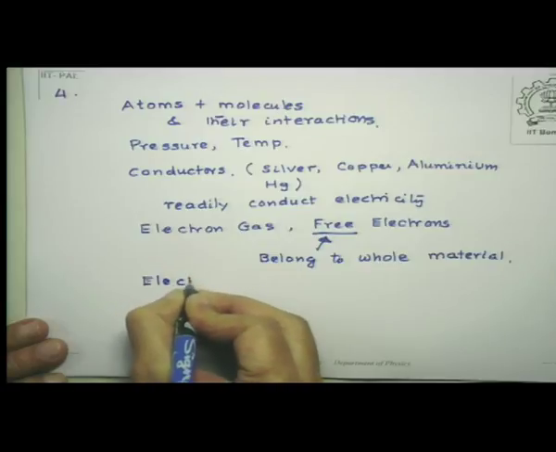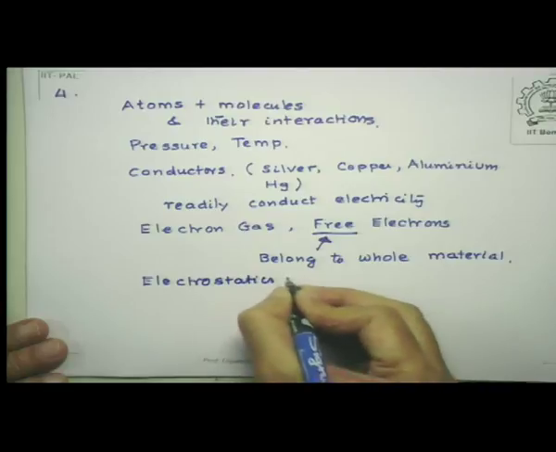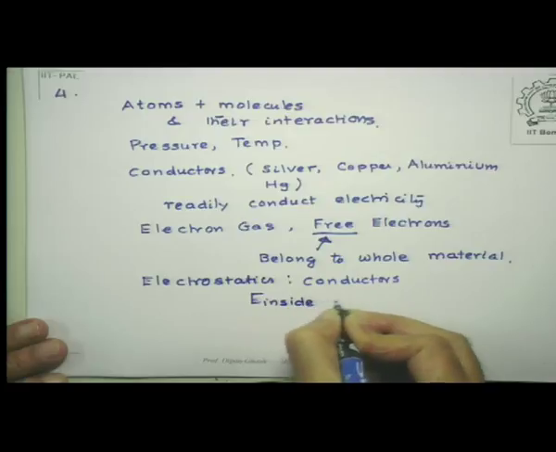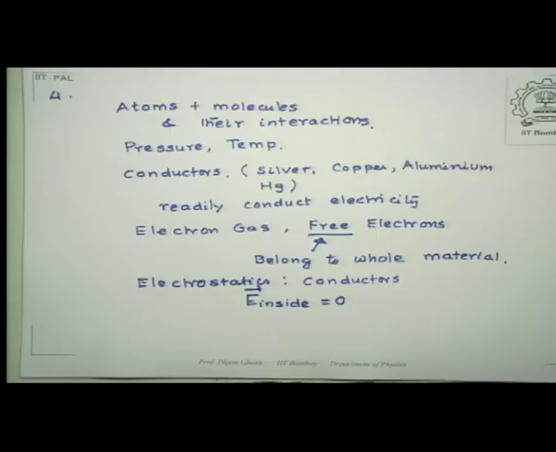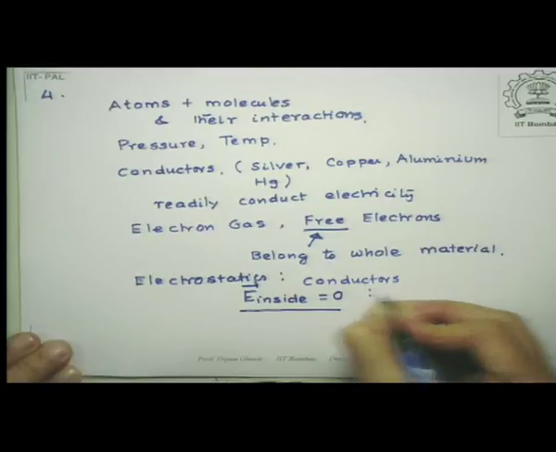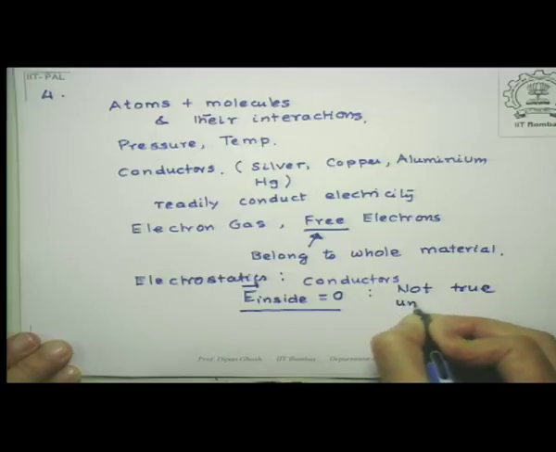So, electrostatics, E inside is 0. What we will see now is that under dynamic condition, this statement will not remain valid. So I will come back to it again, but we will say not true under dynamic condition.